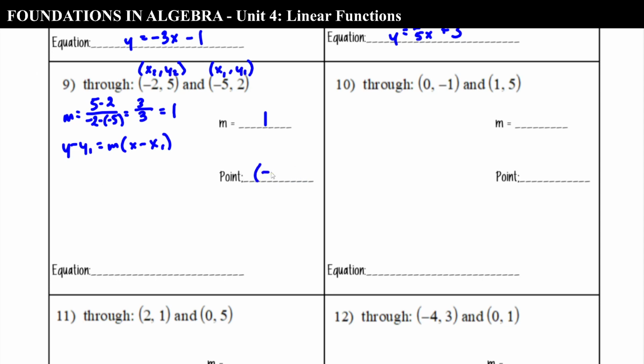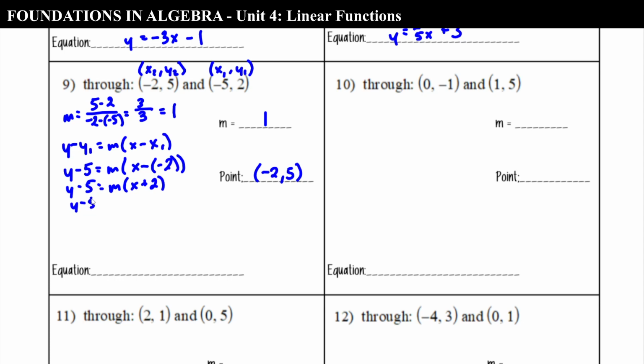It doesn't really matter which one you use. You'll still get to the same thing. So we have y minus 5 equals m times x minus negative 2. Well, that is going to give us m times x plus 2.